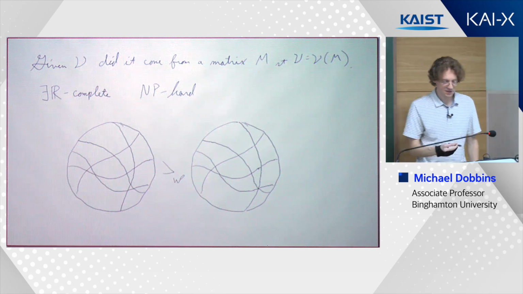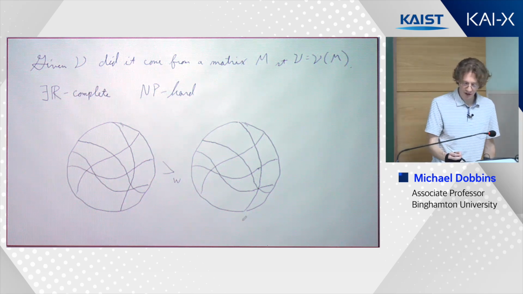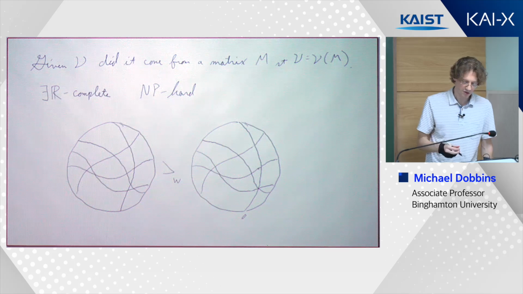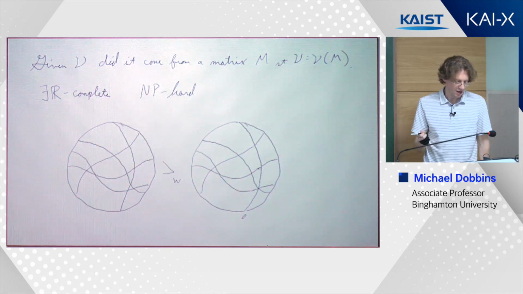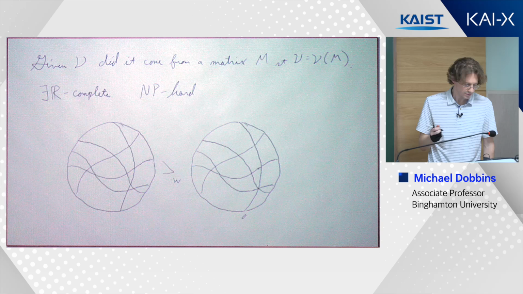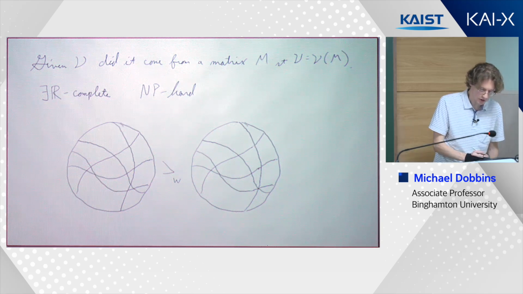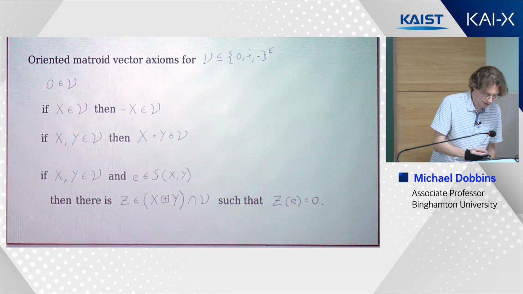From this poset you can define a topology on the set of oriented matroids of a certain rank and a certain number of elements, and then consider whether that has the same homotopy type as the corresponding space for arrangements of vectors. Those are things that I will present later.